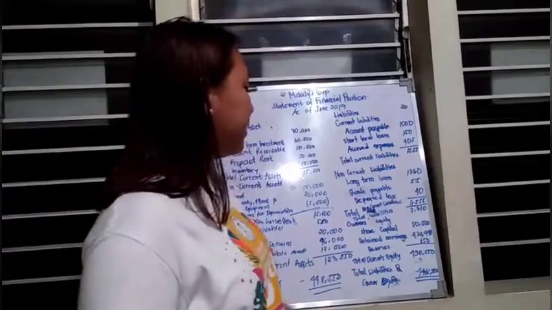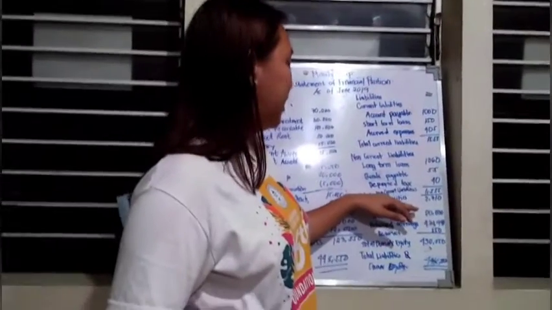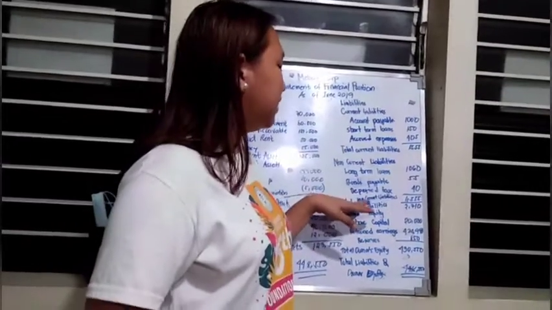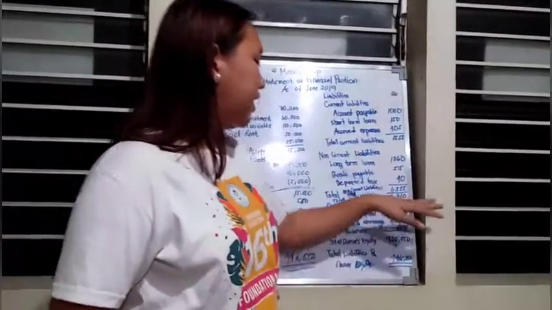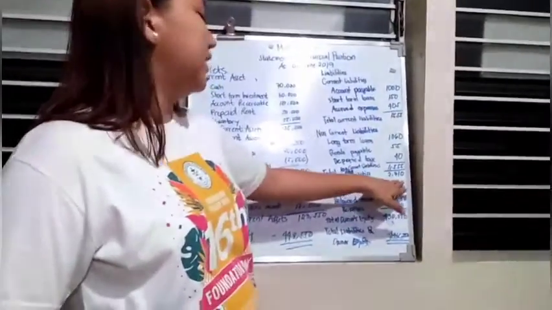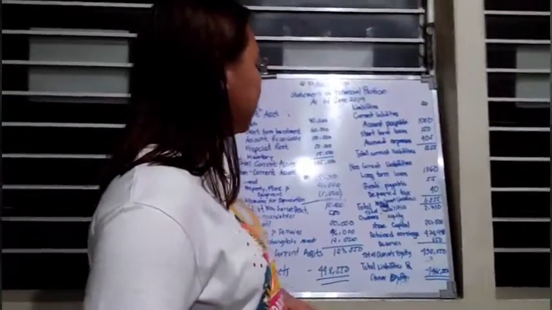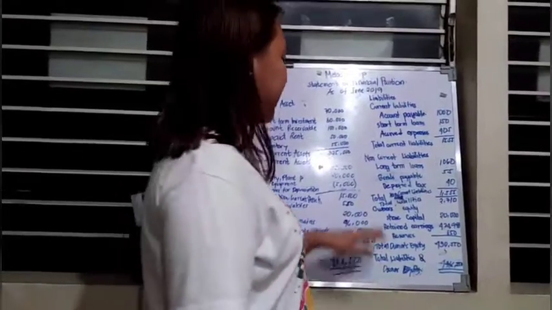So to get the total liabilities, I add the total current liabilities and the non-current liabilities, so I arrive with the answer 2,710.